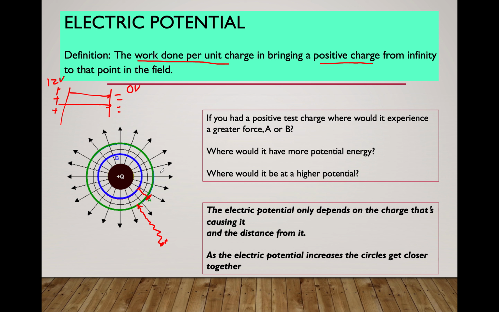And that means I will have to use that when I'm moving a charge closer to it. It depends on the charge that is causing it. I am not going to include the charge on the test charge. We're going to assume that there is nothing. We're only interested in the main charge, the field that he is in. This charge is sitting inside his field, so he will feel a force from him.